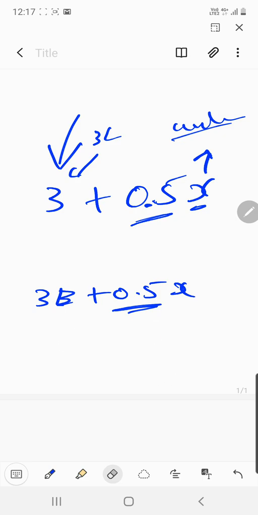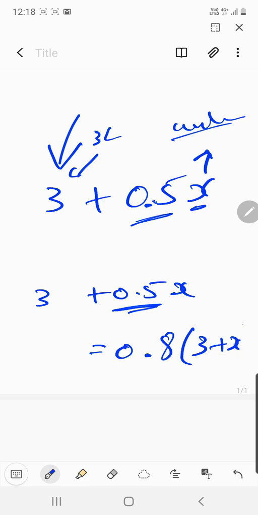So say that the solution was 0.8 of milk and tea, be 2.4 plus 0.8x.